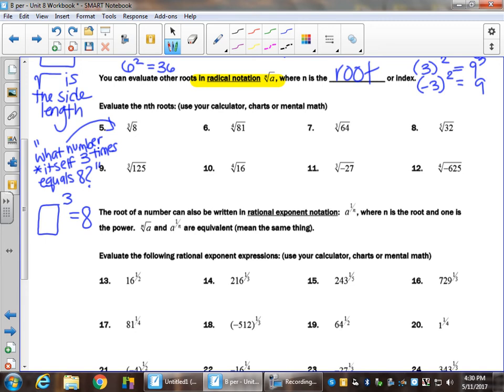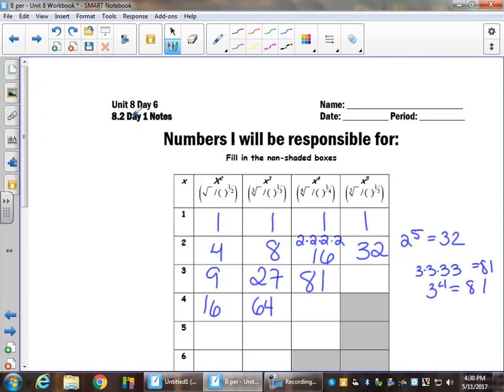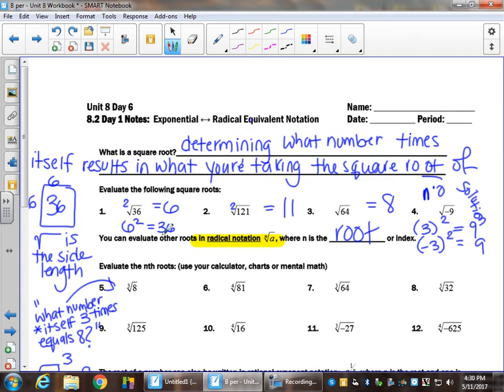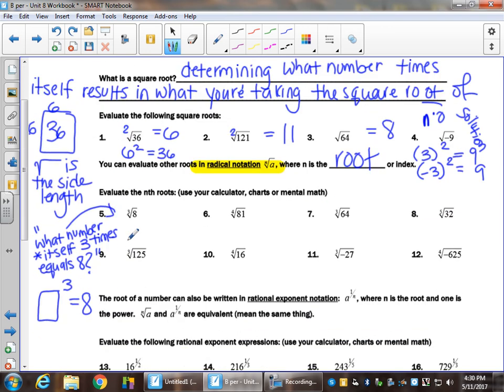Well, if we go look at our chart, some of you may be thinking of the answer in your head right now, but let me show you how the chart works. So I go back to my chart. We're looking at power, the third power column right here. And I look, oh, look, there's 8. Now I look to the left, the answer is 2. So again, I was being asked to evaluate a third root.